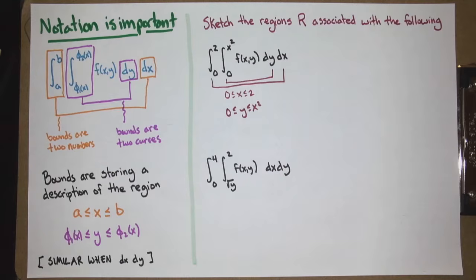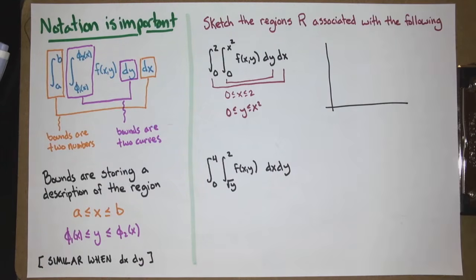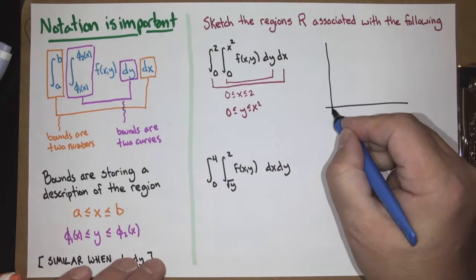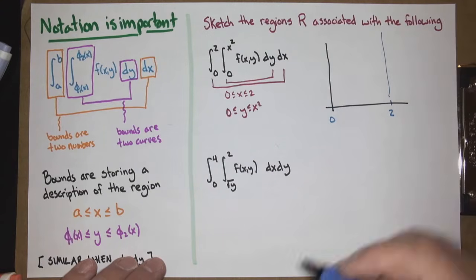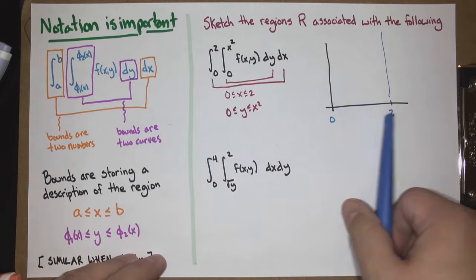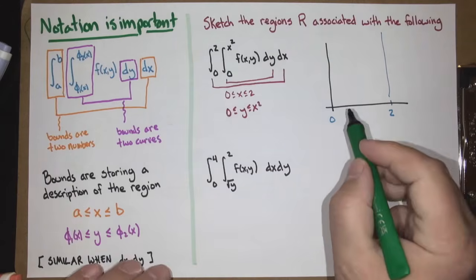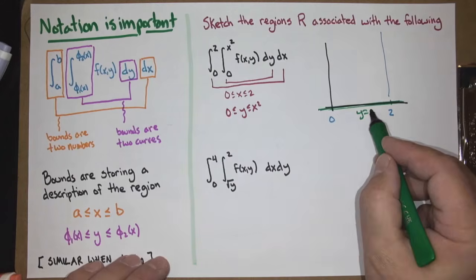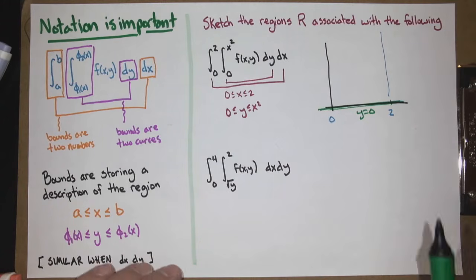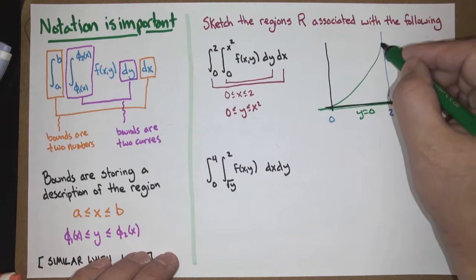Now what we can do is we can say, all right, well, what does this tell us? Well, our x goes starting from 0 up to 2. So we have this place at 2. So that's the bounds for x. Now, in between, we see that we're going from y equals 0, which is this curve. So this is the y equals 0 curve. And then we're going to y equals x squared, which is part of a parabola.